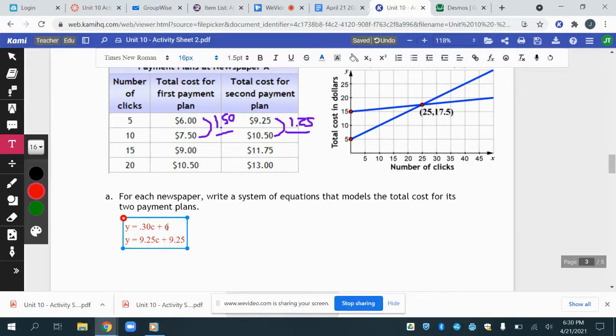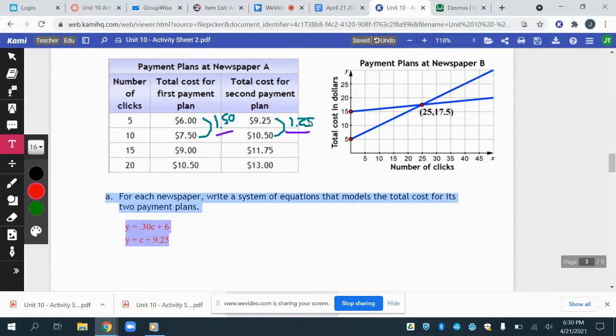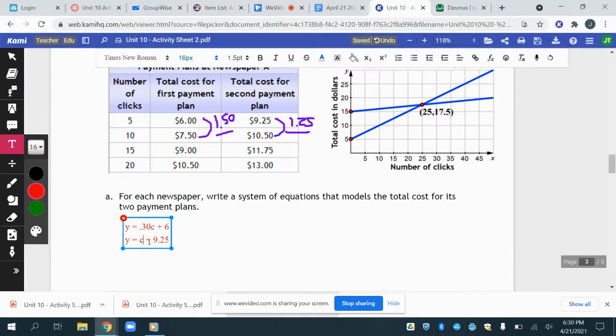Here's the deal. Technically, it also charges, wait, this one charges what? Instead of 30 cents per click, it charges by 5, 125. That's going to be 25 cents per click. However, here's the deal.